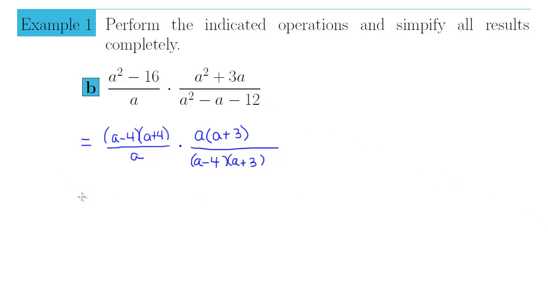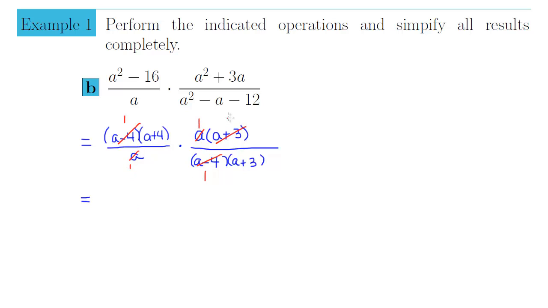The next step is to cancel common factors. What do we observe that will cancel? Well, I'll start here. I have a factor of a minus 4 that cancels from the numerator and the denominator. I don't have anything to cancel with this a plus 4, but I can cancel this factor of a from the numerator and denominator.